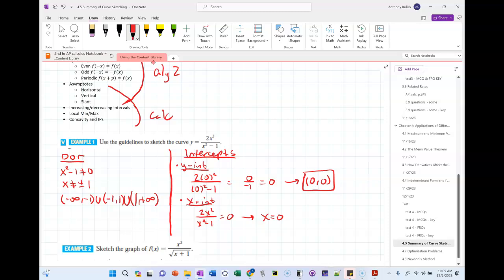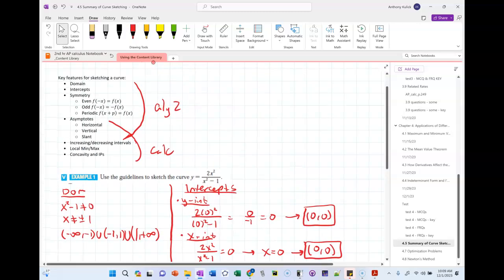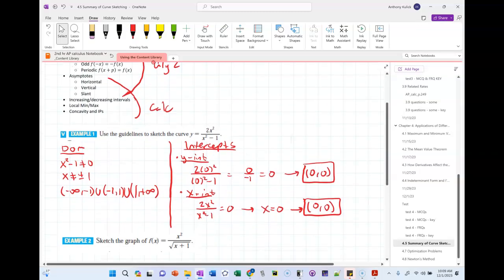Why can I see that just by inspection? For a fraction to equal 0, the numerator must equal 0. And the only way 2x squared can be 0 is if x is 0. Right? So just trying not to make more work for myself than I need. All right, so that's domain, that's intercepts.